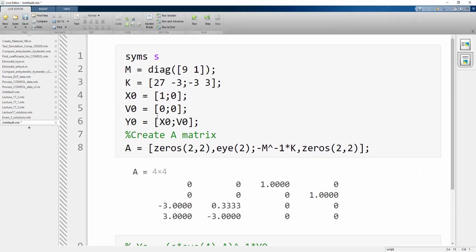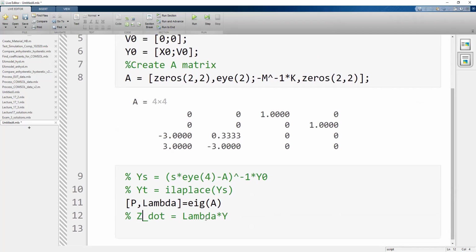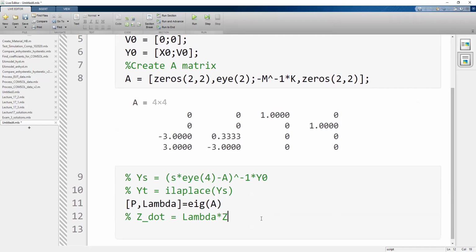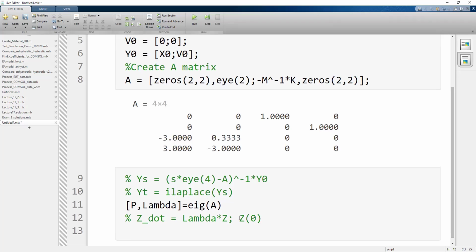I think that confuses things a little bit. I cannot use y because y is already taken, so let me use z. Let's say the z domain is our y domain. So let's say z dot equals lambda times z. Because there is no force, it's all free vibration due to initial condition. So we need to find the initial condition in z domain.